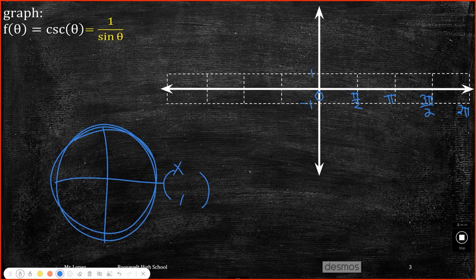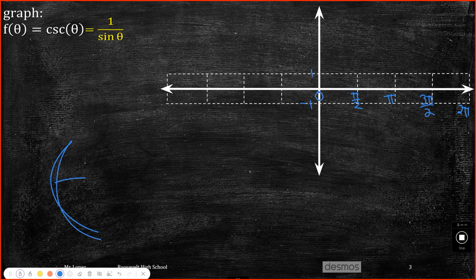I just kept saying x is cosine, y is sine. So we're going to do 1 over y, on the unit circle. All right, so let me put those numbers.